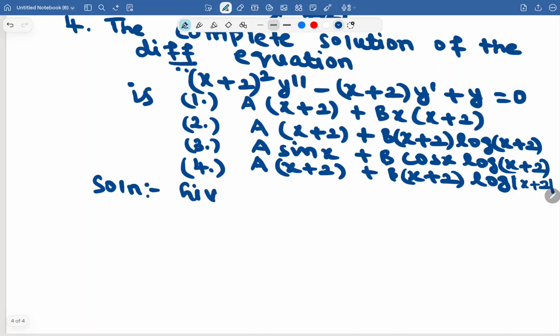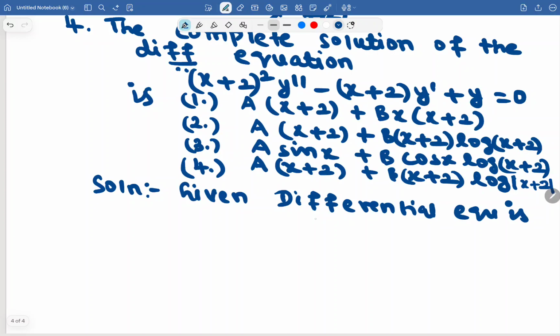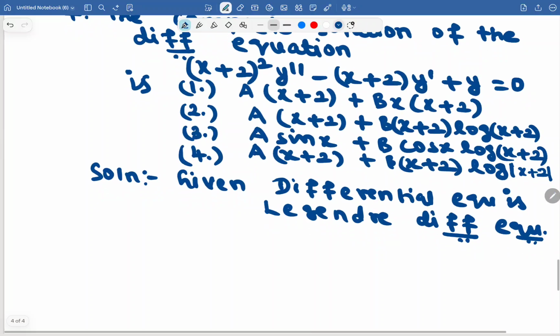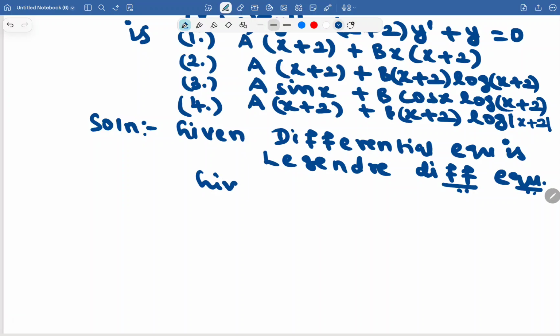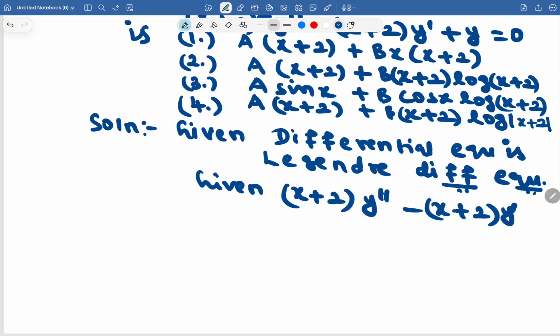Given differential equation is a Legendre differential equation. Given Legendre differential equation is x plus 2 whole square y double dash minus x plus 2 y dash plus y equal to 0.